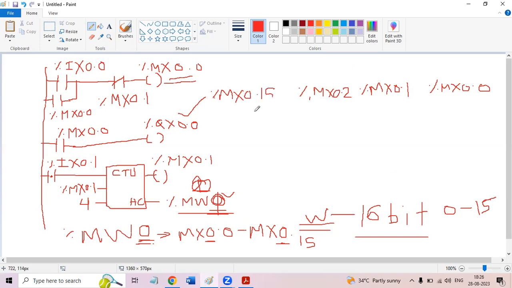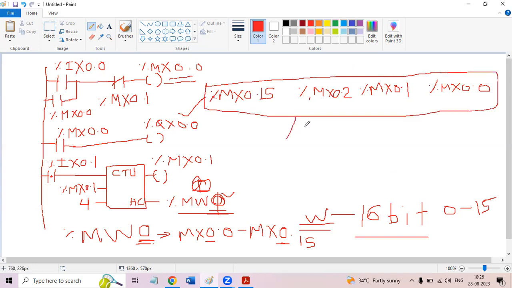Got this? It will go like that. So you have the combination of all these flags in percentage MW0. Correct? This block you see is the bit block, one block. And MW0 means you are taking the 0 point series.